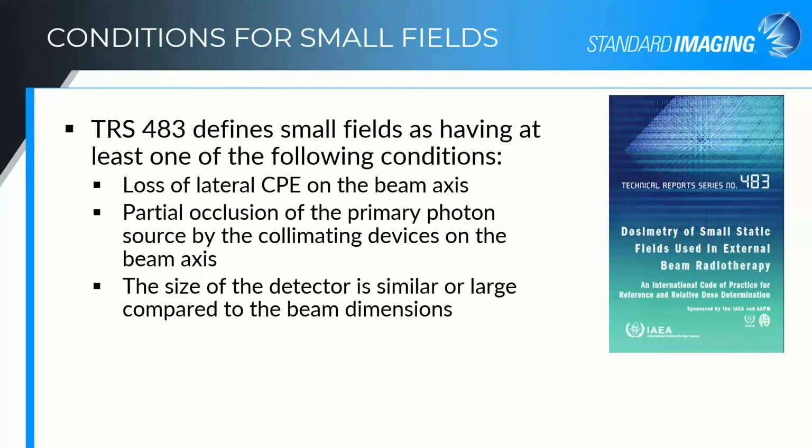The joint publication from the IAEA and the AAPM, Technical Report Series 483, I'm sure most of you have taken a look at this if you're already struggling with small fields, but it has a definition of small fields have at least one of these conditions: either loss of lateral charged particle equilibrium on the beam axis, partial occlusion of the primary photon source because you've collimated so much down to such small field sizes, or the size of your detector is similar to or large compared to your beam dimensions, because that takes us outside of the assumptions that we make for cavity theory and things like that.